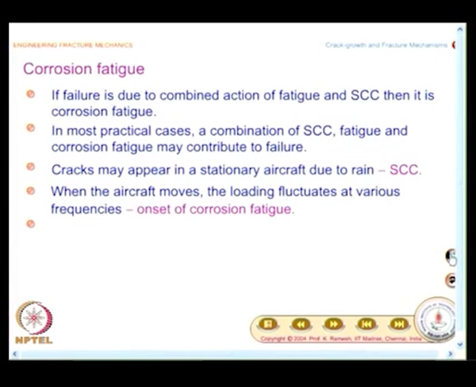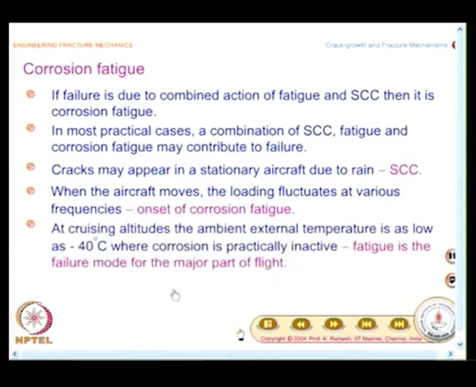And what happens? Then the aircraft flies into the air, and at cruising altitudes the ambient external temperature is as low as minus 40 degrees centigrade, where corrosion is practically inactive. Fatigue is the failure mode for the major part of flight.